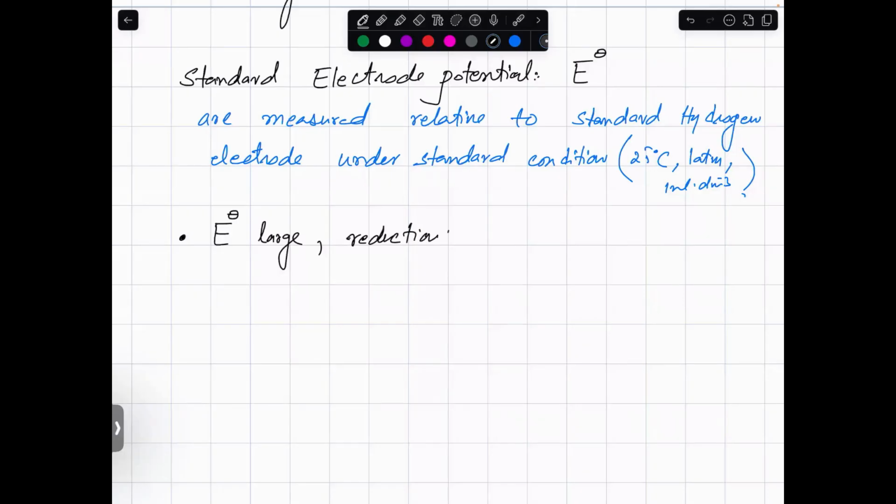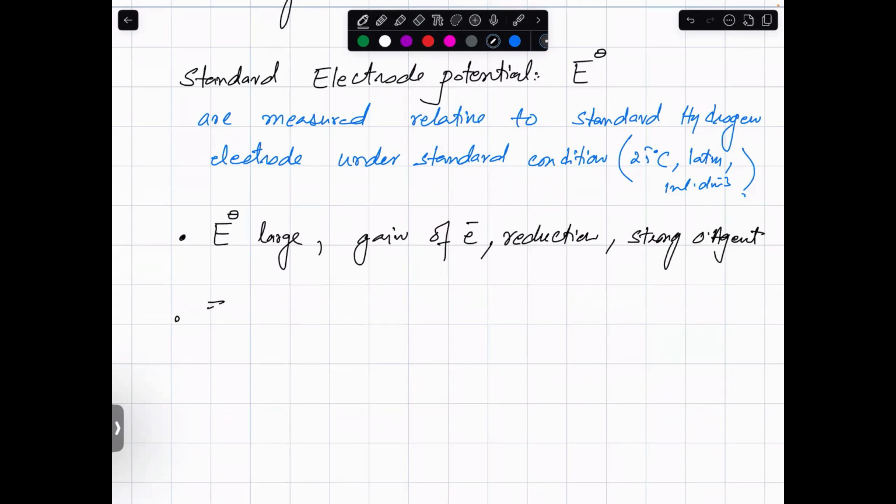Larger E naught, reduction, there is gain of electron, and stronger oxidizing agent.